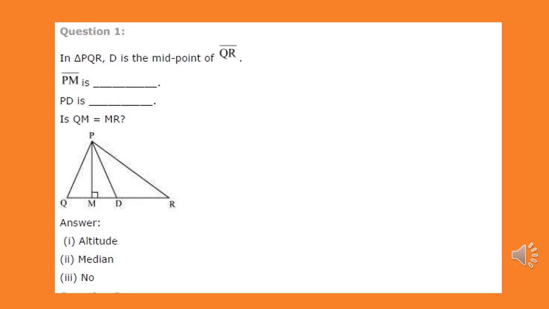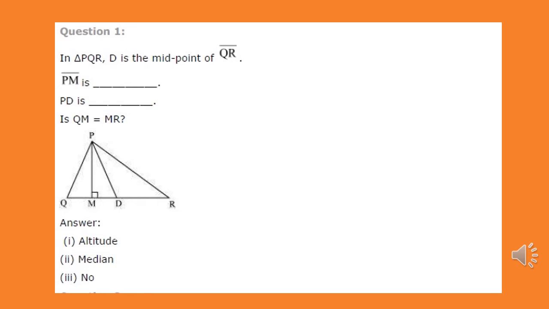So it is the altitude corresponding to base QR. What is PD? In the question it is given that D is the midpoint of QR and P is the opposite vertex. The line segment joining the midpoint of a side to its opposite vertex is known as its median.